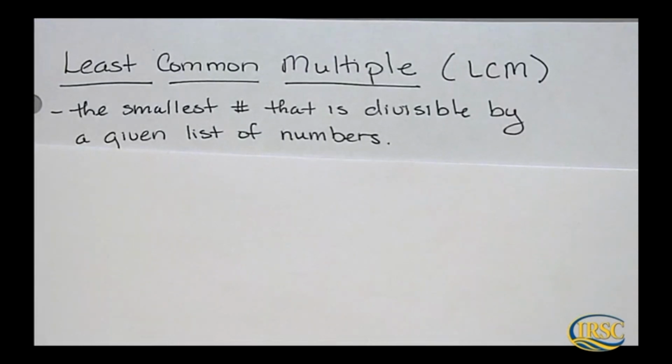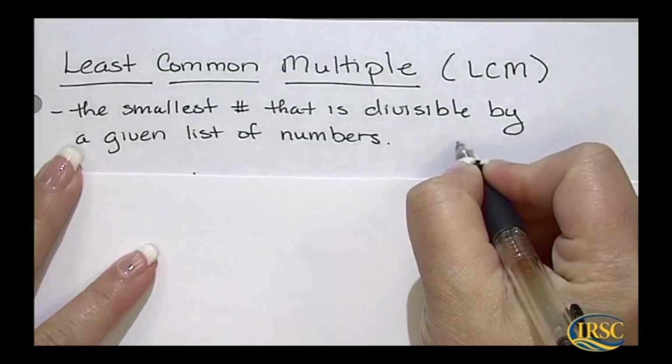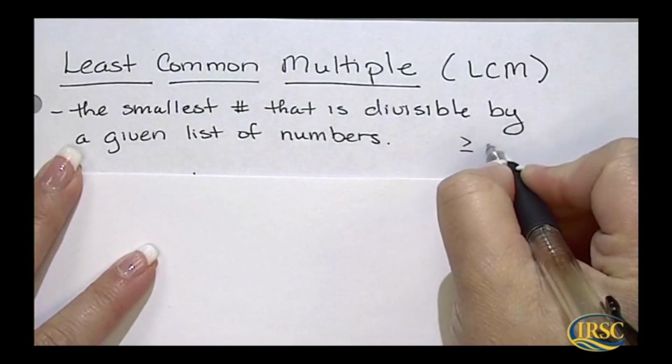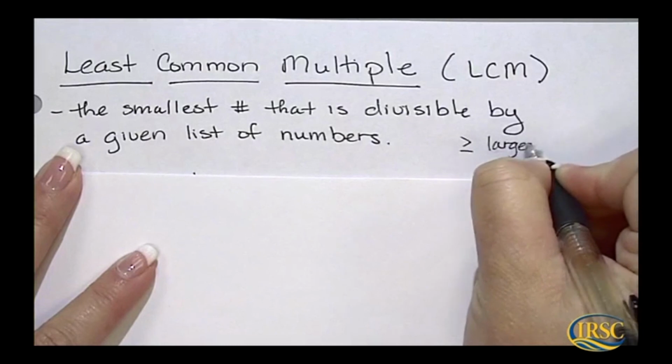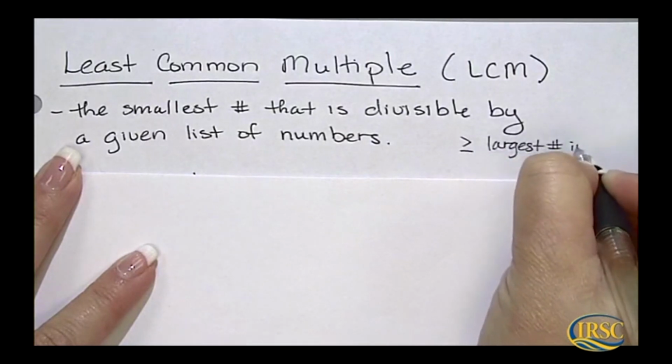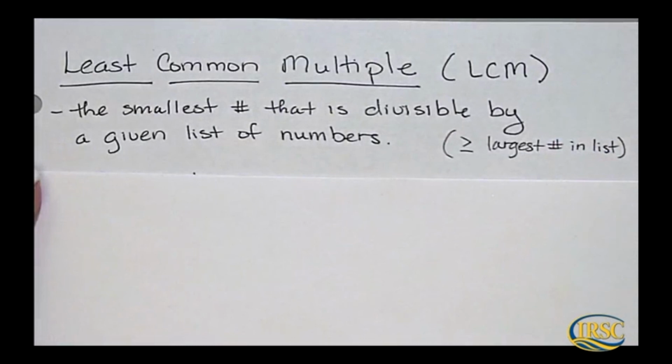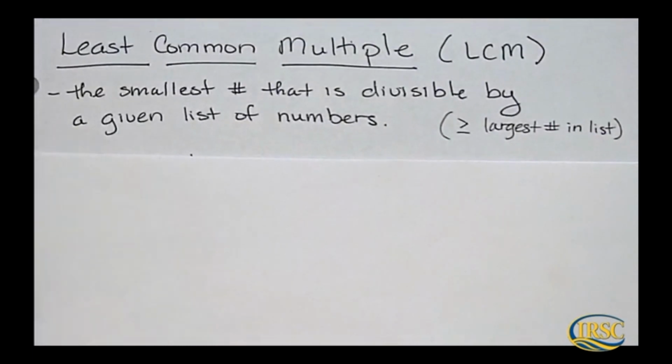Now, even though we have the word smallest and the word largest, this time your least common multiple is going to be either the same or greater than, so greater than or equal to the largest number in the list. It can't be smaller than the largest number in the list, or else that larger number won't be able to divide into it.